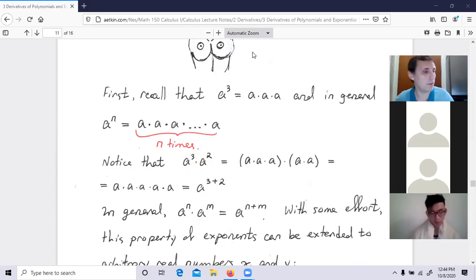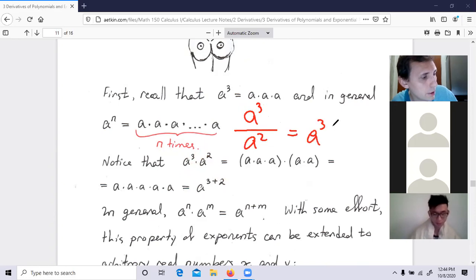So what is, for example, a cubed divided by a squared, what do I get? I get a to the power of 3 minus 2, I'm sorry, not minus 1.